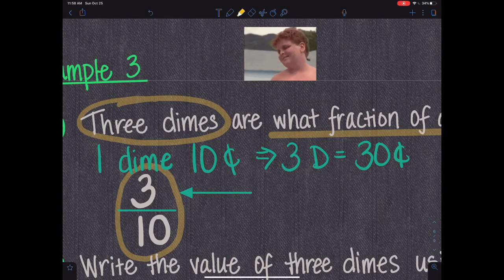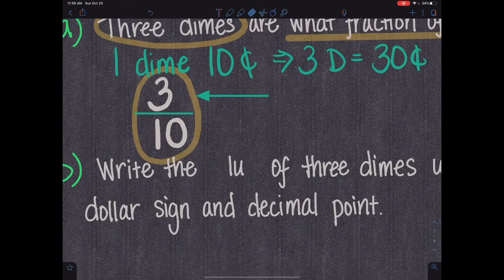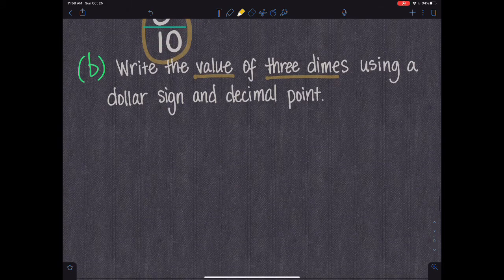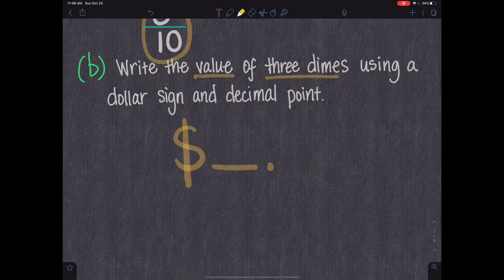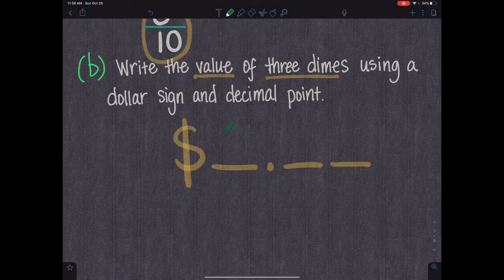And then it says for part B, write the value of 3 dimes using a dollar sign and decimal point. So let's say you're a manager at the store and you only got tags that look like this, and something costs 3 dimes. How would you write that on that type of tag? You would have to write it like there's no dollars because you're only talking about 3 dimes here.